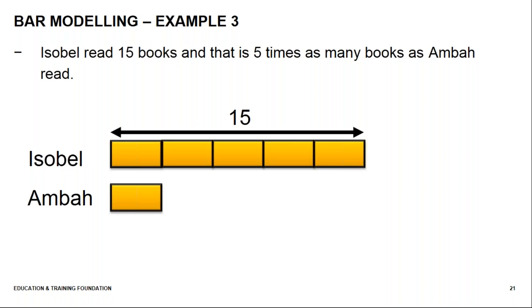Does anyone else have any questions? There's a question from Ali O'Brien about low threshold, high ceiling activities and what range of abilities have you worked with in one group?